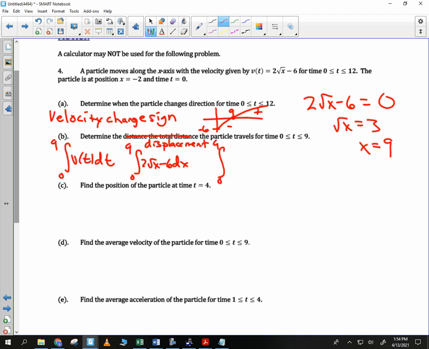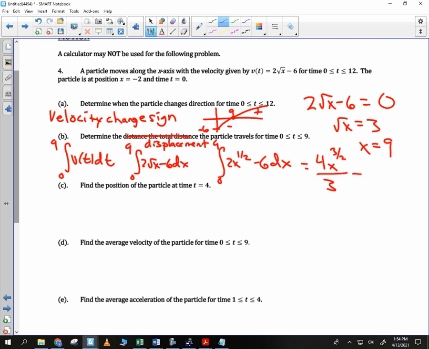That's 0 to 9 of 2x to the 1/2 minus 6 dx. The antiderivative of 2x to the 1/2 is 2x to the 3/2 divided by 3/2, or multiplied by? Yeah, so 4 over 3 x to the 3/2.